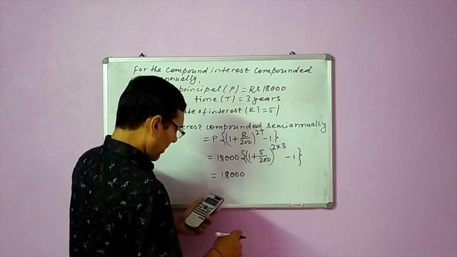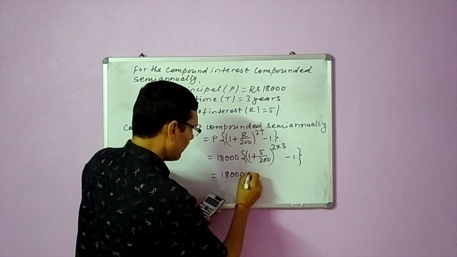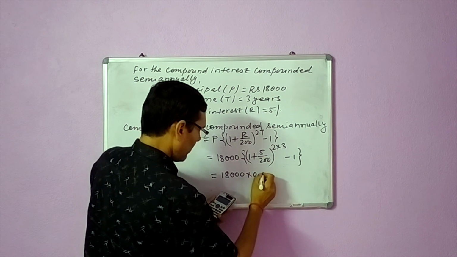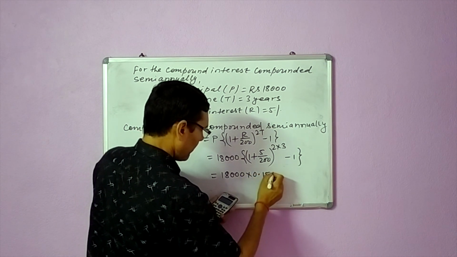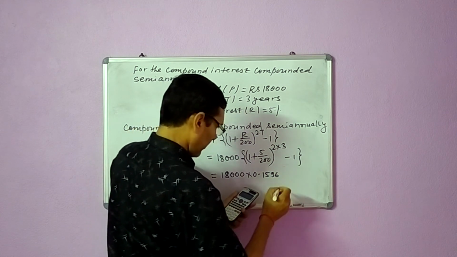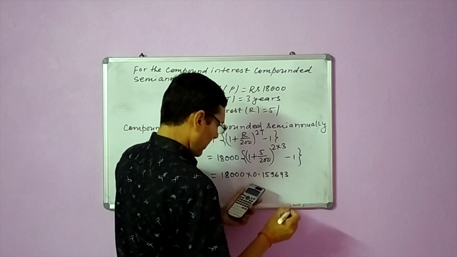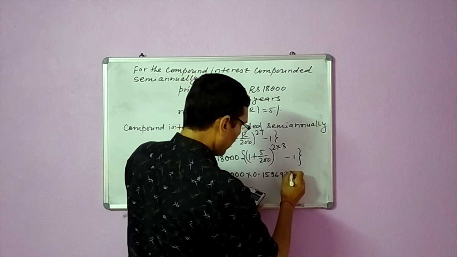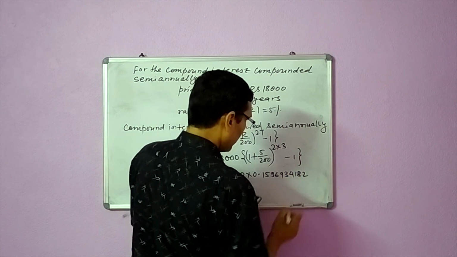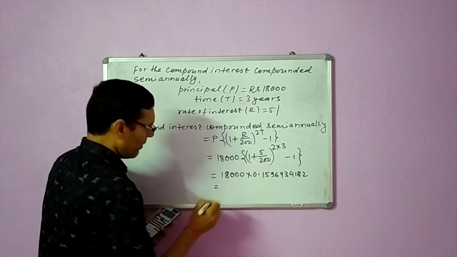Simplifying all inside the bracket, we get 0.1596934182, taking all the numbers in decimal.